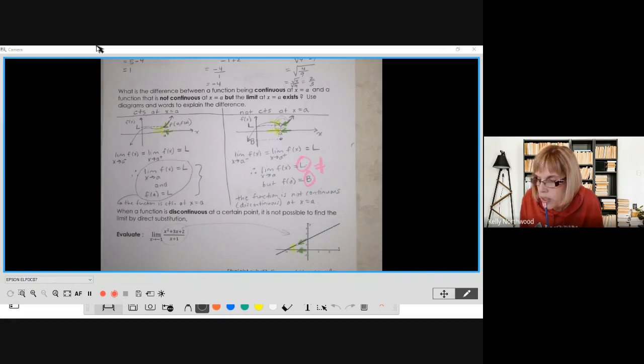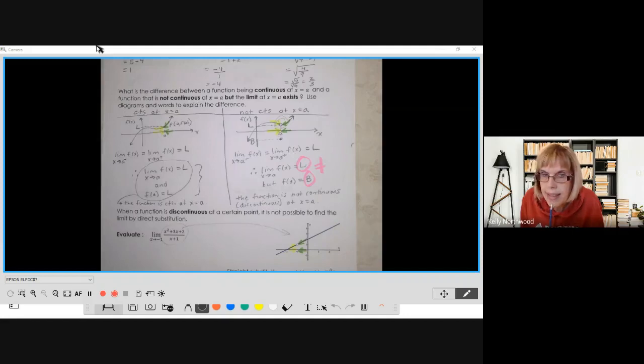Anyone have any questions just basically on the difference between continuous and discontinuous from a graphical standpoint, like what it would look like or what it means graphically? So, like for the asymptotes. Yes. You have an asymptote?